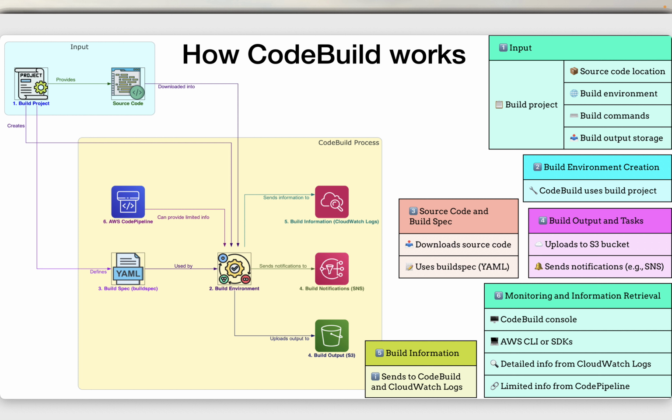If you use AWS CodePipeline to run builds, you can get limited build information from the CodePipeline. So CodePipeline may trigger the CodeBuild, and it will also have some information. First is the CodeBuild console, which has a good amount of information, but for detailed information you should check the CloudWatch logs. And if you have triggered from CodePipeline, that will also indicate whether the build is successful or not, or some kind of error messages.